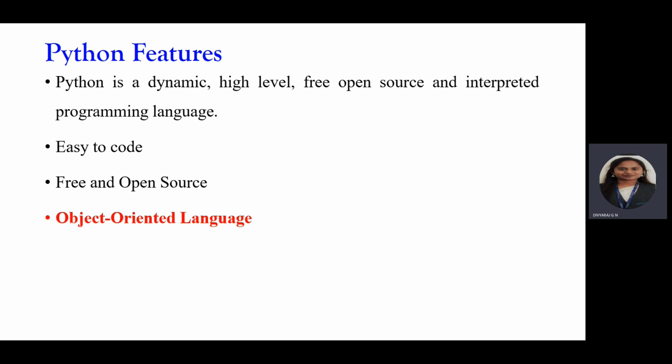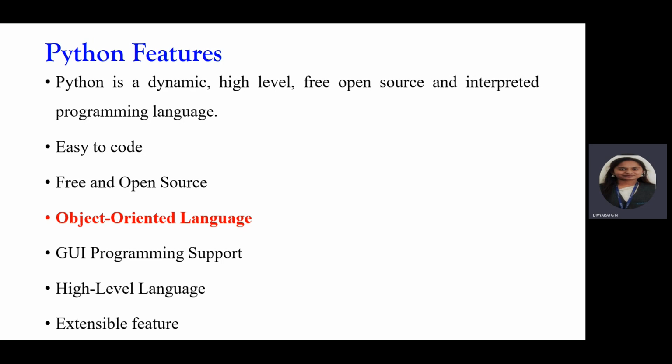This is one of the important features of Python. In today's class, we'll be learning why it is called an object oriented language. It also supports GUI, and in later classes we'll see what it is.